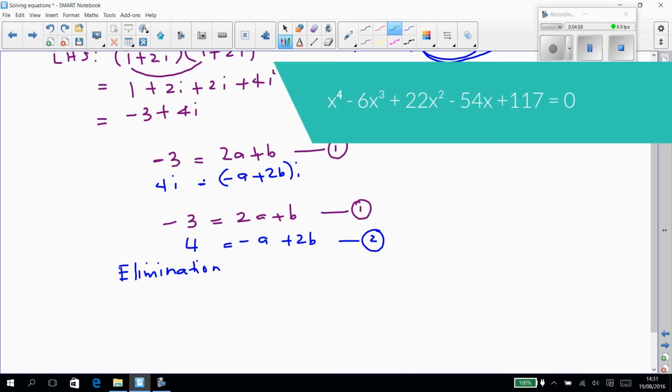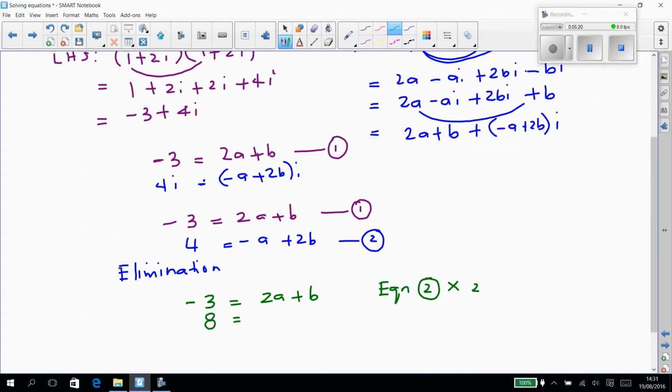So we're going to rewrite equation 1: negative 3 equals 2a plus b. Then I take equation 2 and multiply each term by the number 2, so I'm going to double each number. 4 times 2 gives me 8. Negative 1a times 2 gives me negative 2a. 2b times 2 gives me 4b.